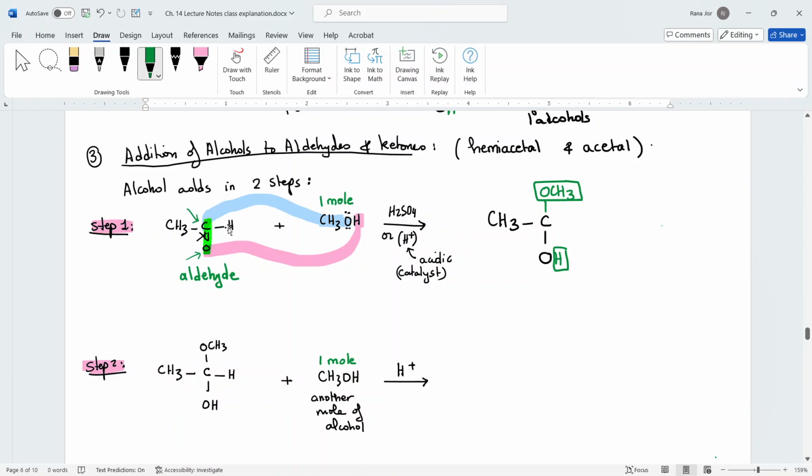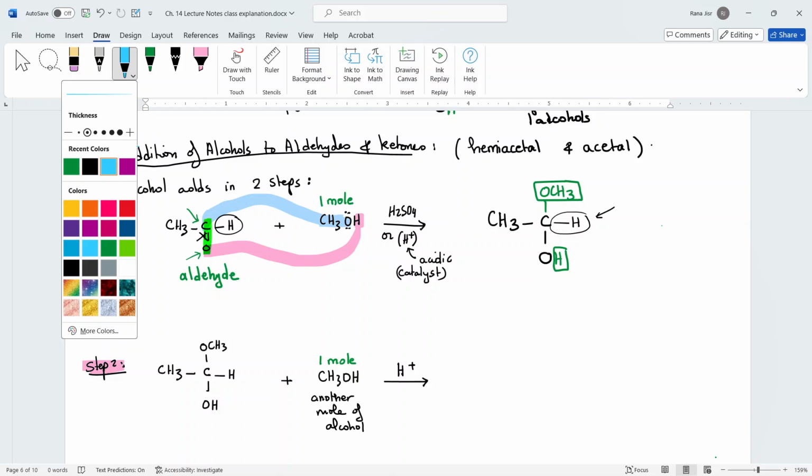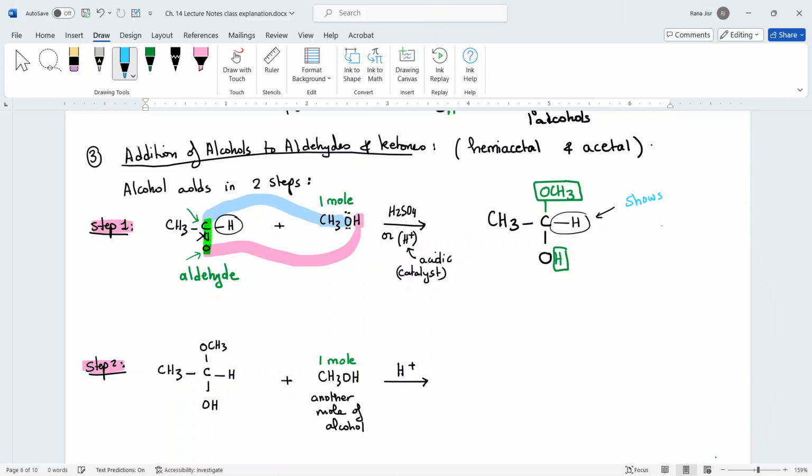The hydrogen stays. So this hydrogen that you have for the aldehyde stays over here. And it's so important because this hydrogen tells me that I am starting with an aldehyde, not a ketone.